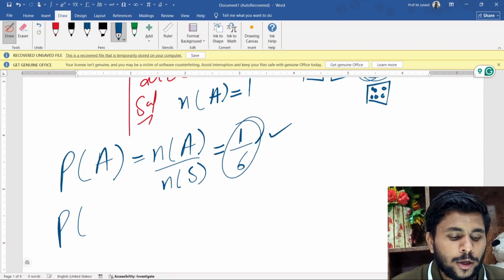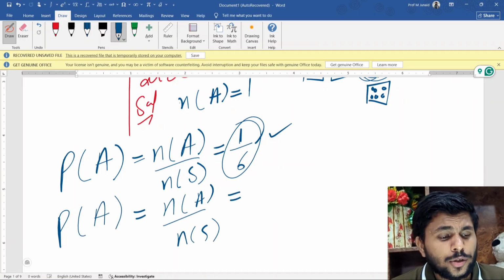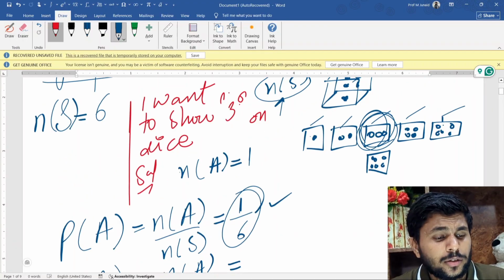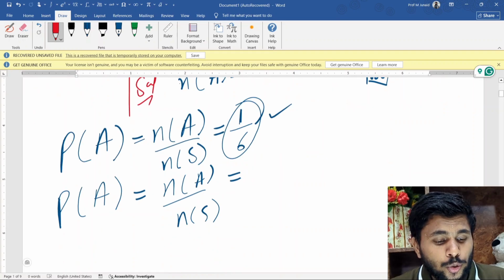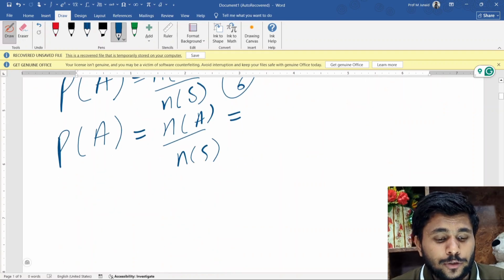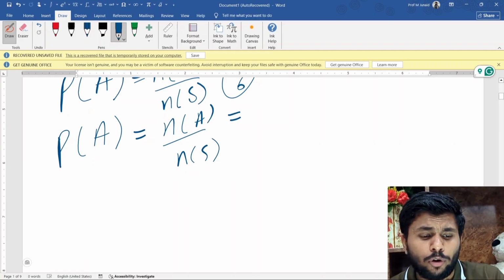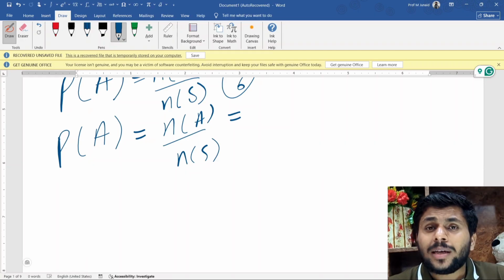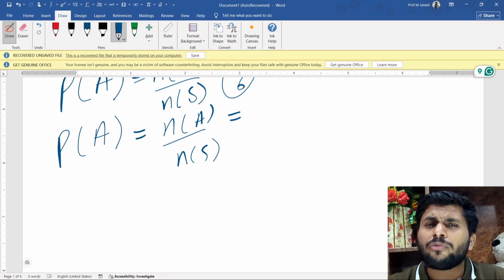If you find the probability of a 1, it is also the same, N of A over N of S. You can easily say that there is just only 1 in our sample space. So probability is going to be the same for all the numbers, like 1, 2, 3, 4, 5, 6. If you see an MCQ, what is the probability of 5?